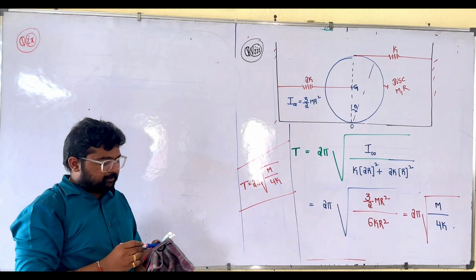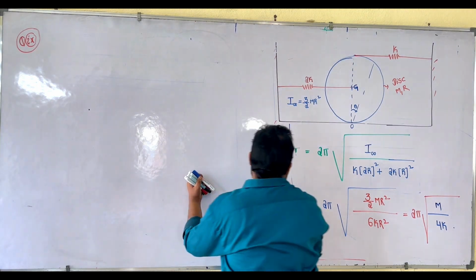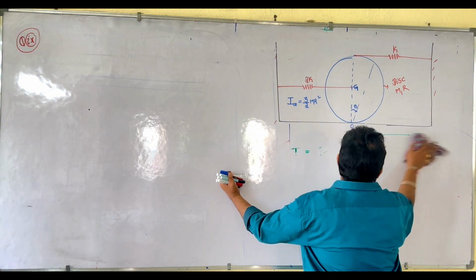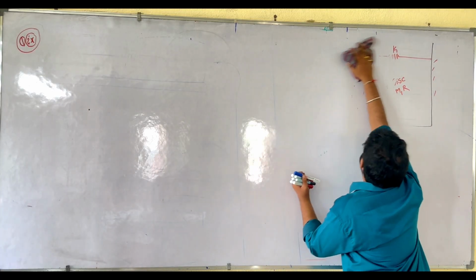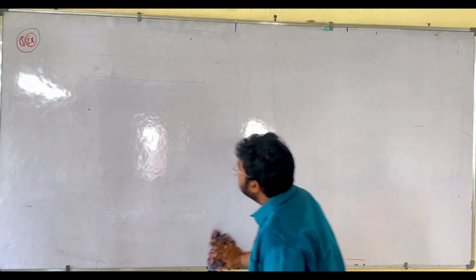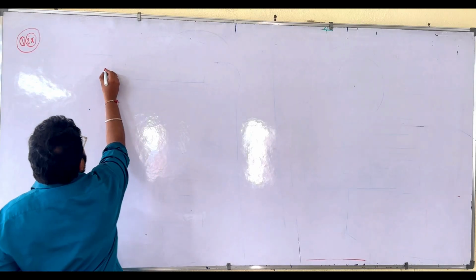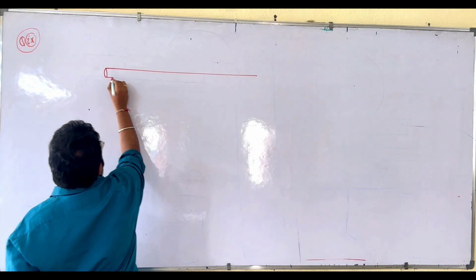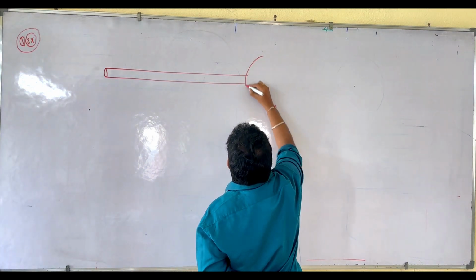So we can take a dumbbell here. Take one dumbbell. It's a dumbbell. Here to here. This is a sphere.